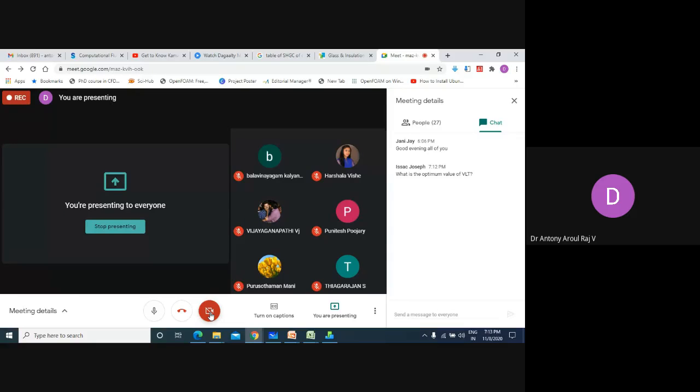For example, in specific industries the lighting required will be different. In a theater, the lighting required may be less. In a reading room, the lighting required will be more. So it all depends on you. You are the designer, so based on that requirement, you can select the glass. Any other question?